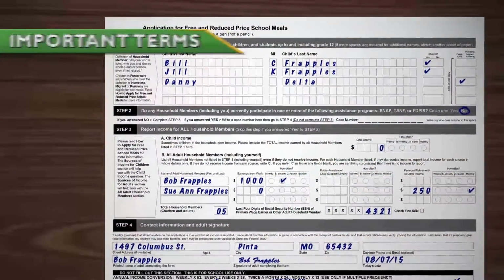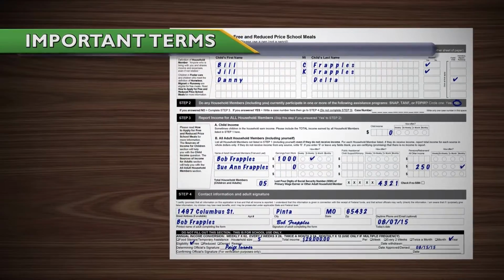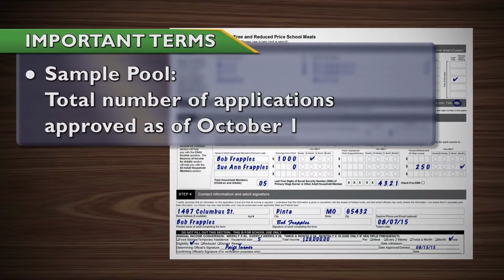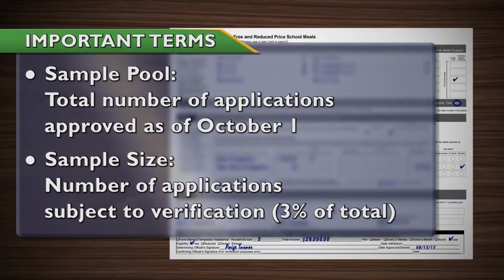You should be familiar with the following terms used in this module. Sample pool: the total number of applications approved as of October 1st. Sample size: the number of applications subject to verification. The minimum and maximum sample size is 3% of the total.